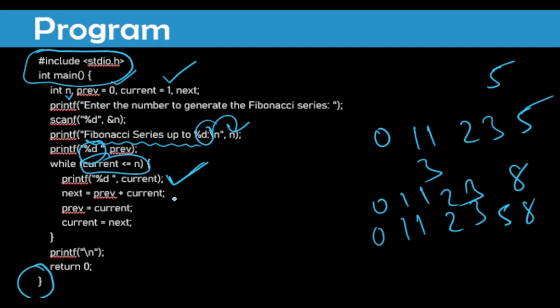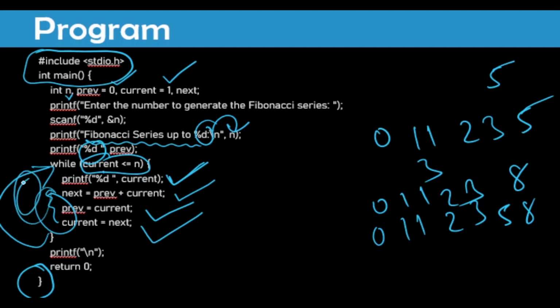Next, I need to run the loop: next is equal to previous plus current, previous equal to current, current equal to next. These three lines are the same for every program. These three lines will run, and again it will go back to the condition to check the current value, and it will run the loop again and again until the given value is reached.